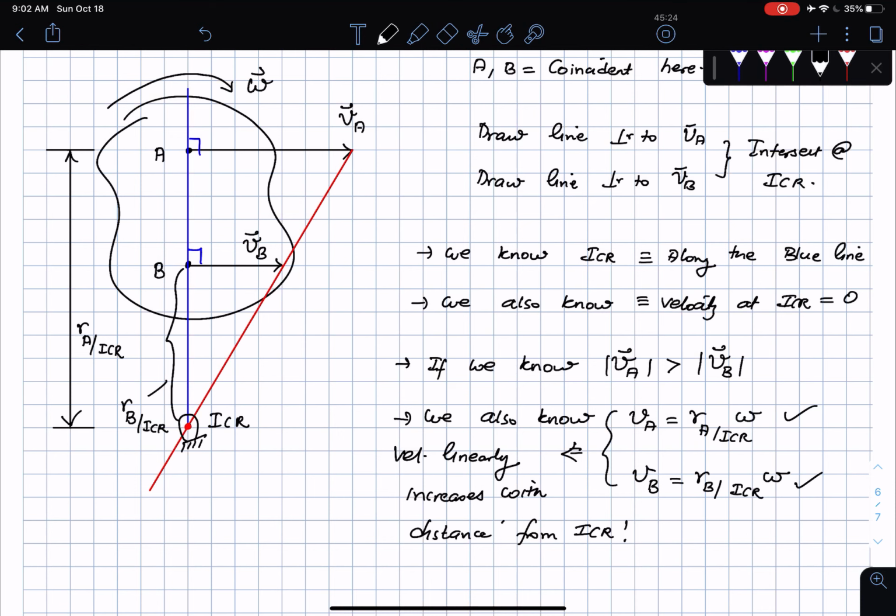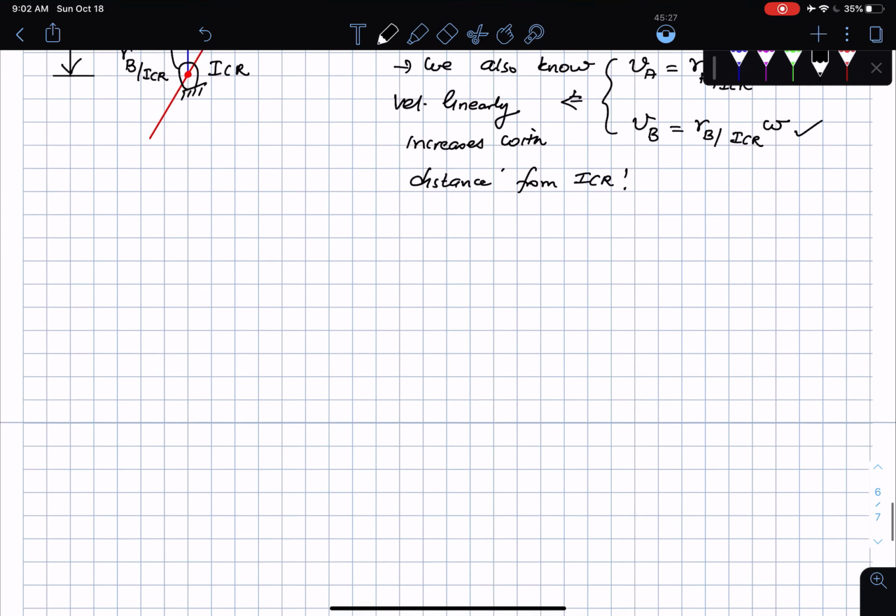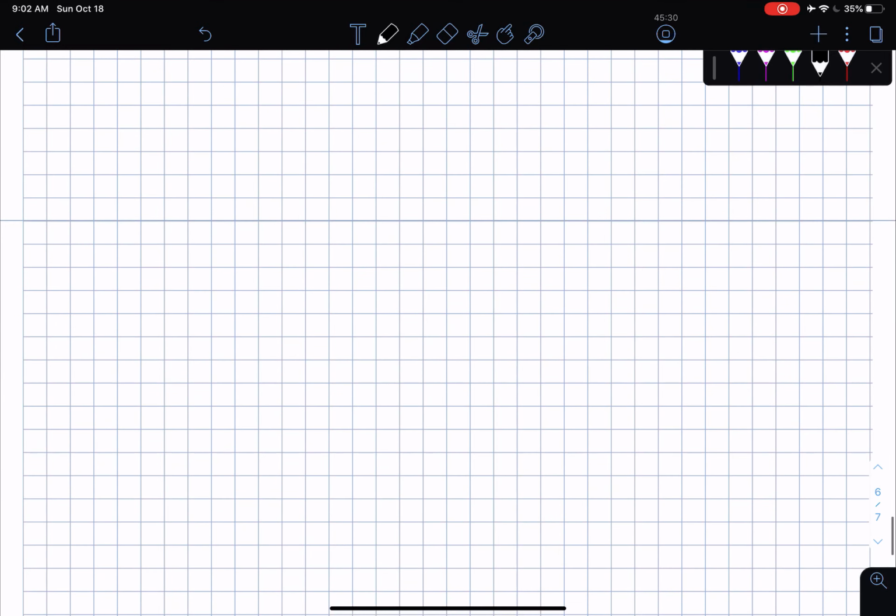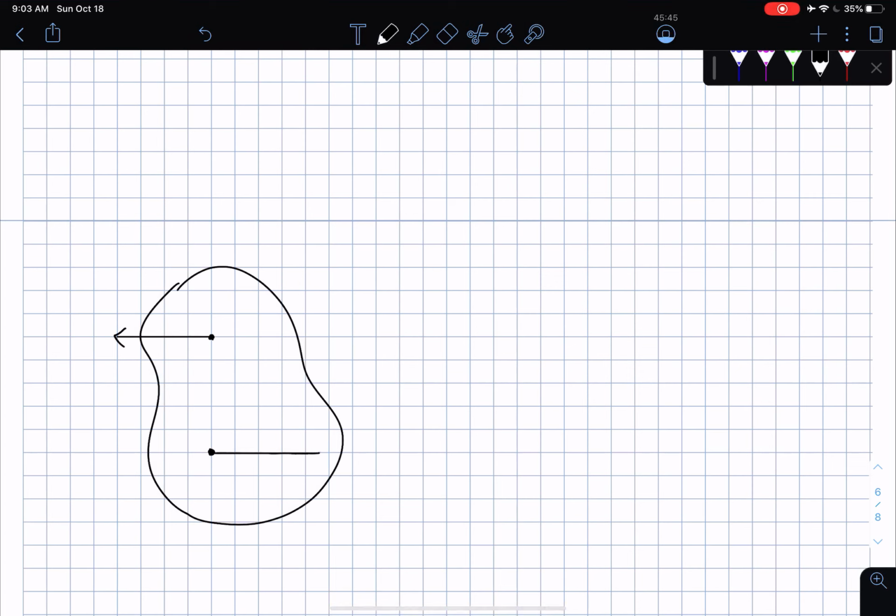Another situation is I could have a different case, where I have this point here and this point here, same as before. These points are along the same straight line. Let's say here is the velocity of A pointing this way. They're not in the same direction. Let's assume they are in different directions. This is the velocity of B. This is the point A. This is the velocity of A.